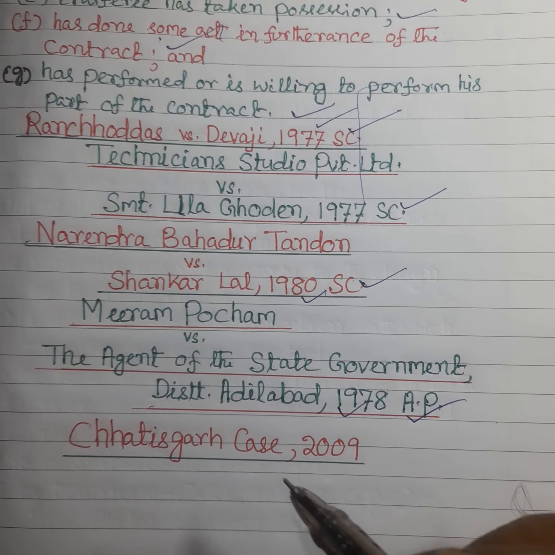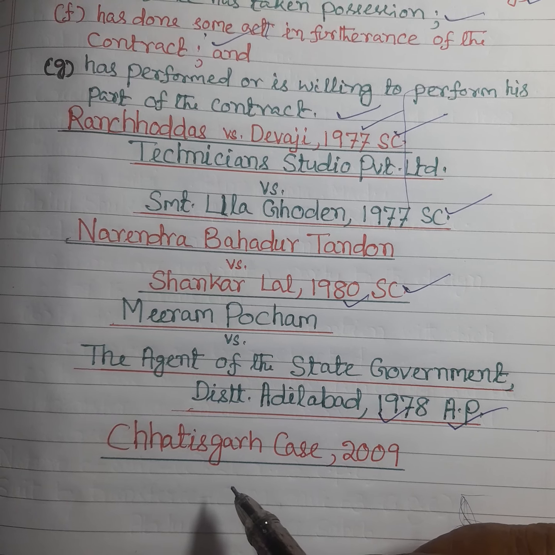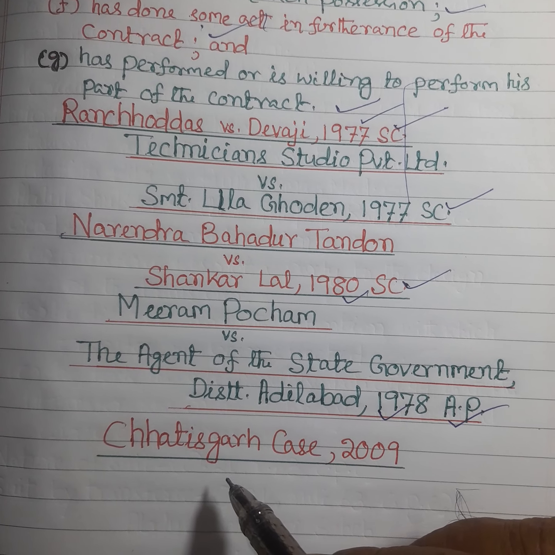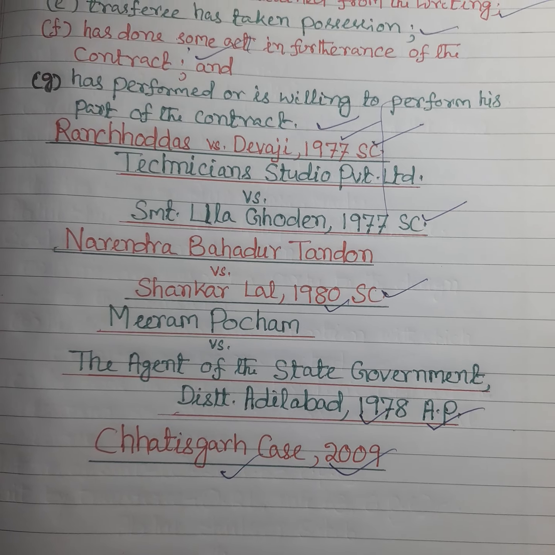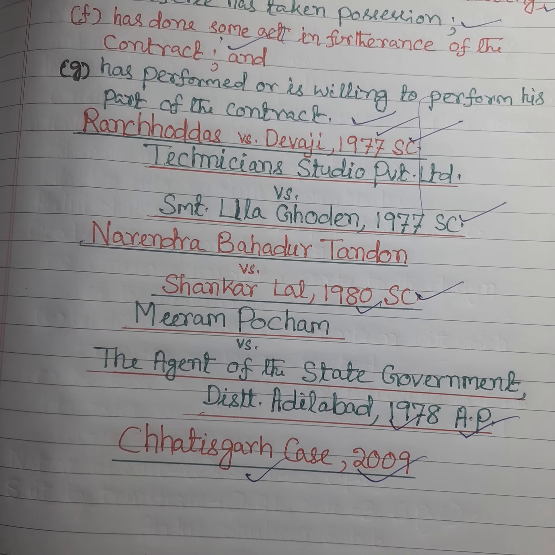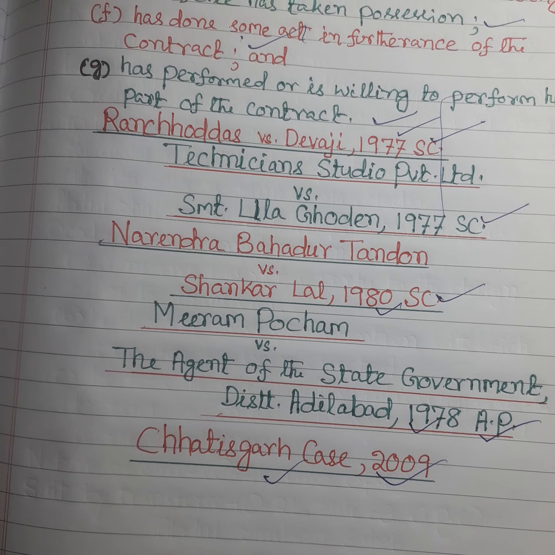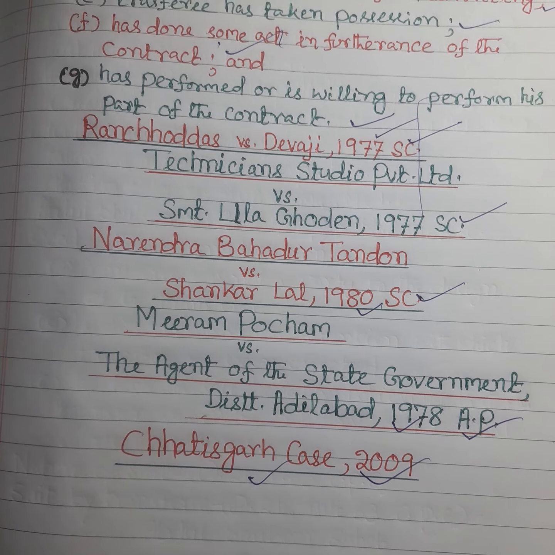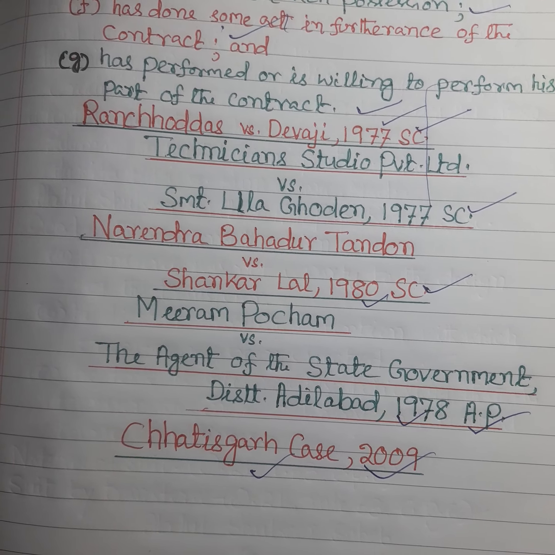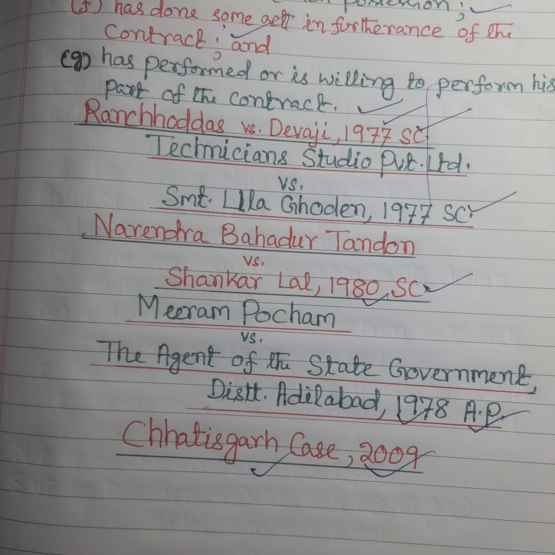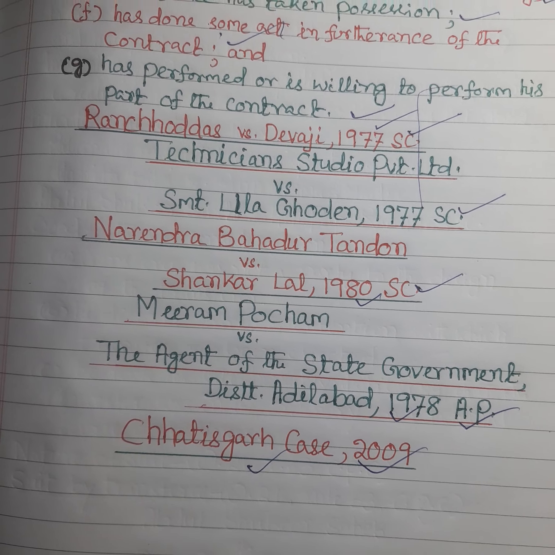And lastly, we'll discuss another important leading case relating to this section 53A, the famous Chhattisgarh case of 2009, where a landlord agreed to sell a rented house to the tenant. The agreement did not state the price or consideration. The landlord issued a quit notice calling upon the tenant to vacate the house.